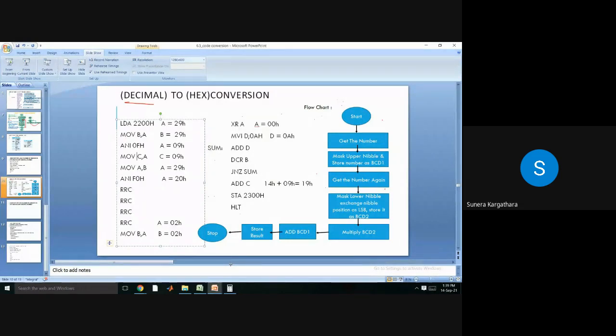You can refer to this slide from your Google Classroom. Everything related to timer counter, stack subroutine, and code conversion is uploaded there. You can refer to this and let me know in case of any doubt. Okay.